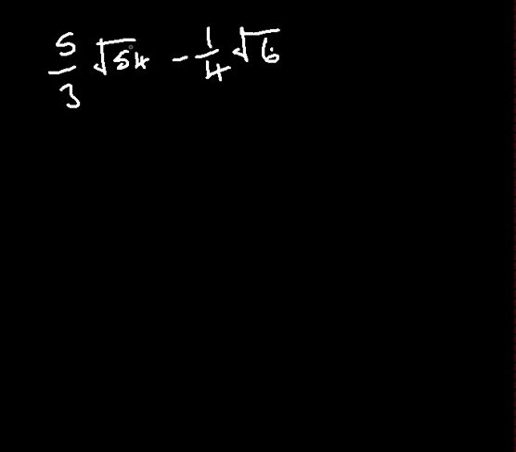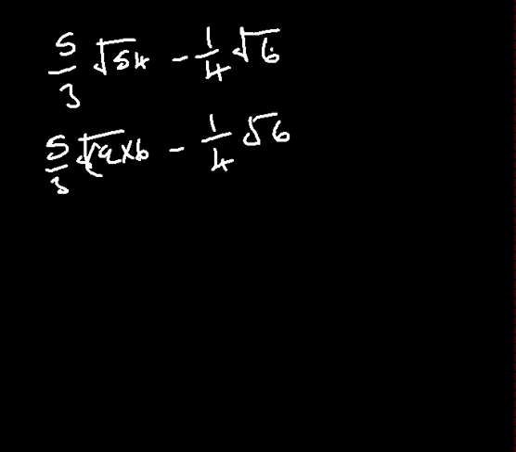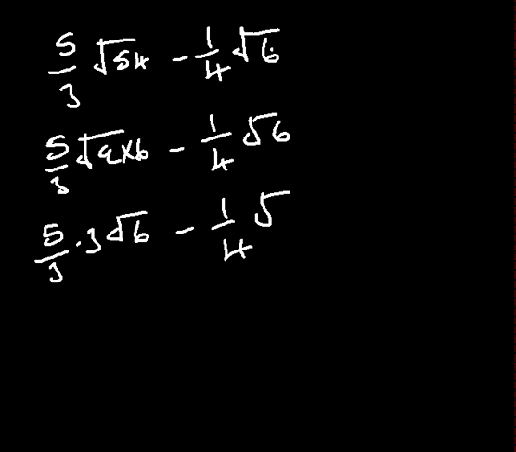The square root of 54 can be reduced: we have 5 over 3 times the square root of 9 times 6, minus 1 over 4 times the square root of 6, of which 9 is the perfect square. We'll have it as 5 over 3 times 3 times the square root of 6, minus 1 over 4 times the square root of 6.